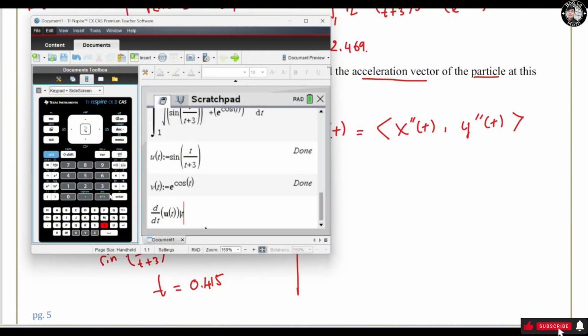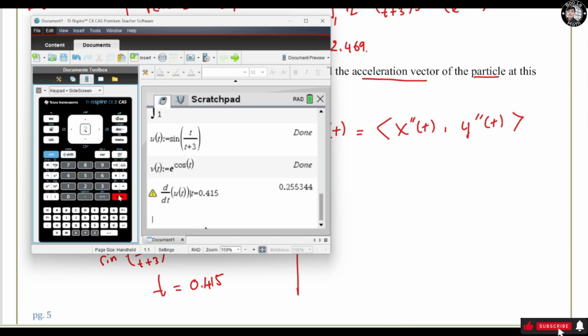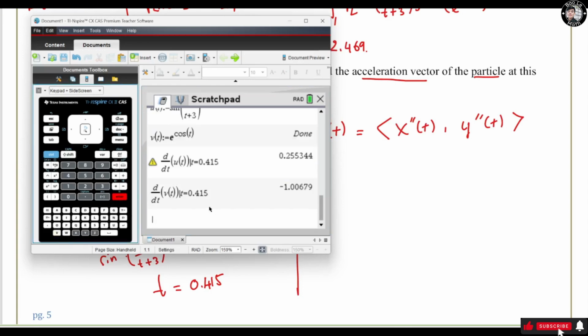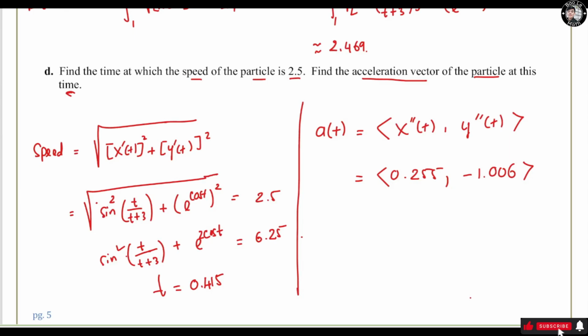You put t equals 0.415 and then press enter. It's going to give you the value 0.2553, right? Now we do exactly the same for the bottom one, right? So the v of t, right? And then press enter. It's going to give you negative 1.0079, right?